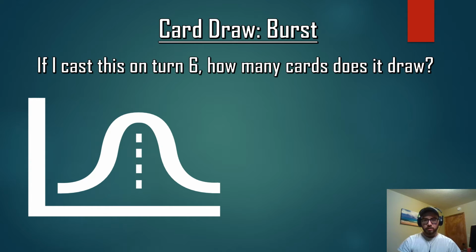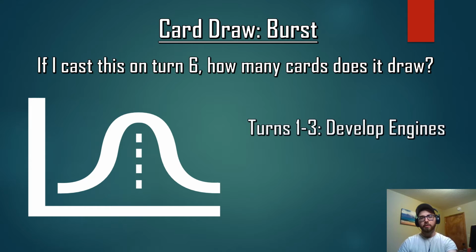The reason we choose turn 6 is because if you look at your different zones of play, in turns 1 to 3 you develop your engines. You do things like play your 2-drop mana rocks. You play your repeatable card draw early on in the game. But later on in the game, you want to cast burst draw, and it's probably not going to do you any more good on turn 10 than it is on turn 6.